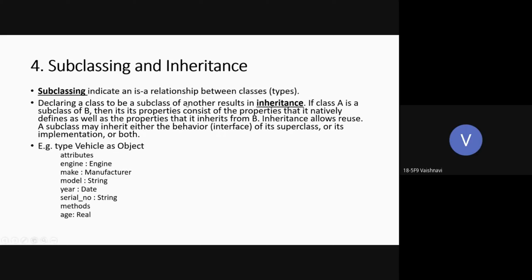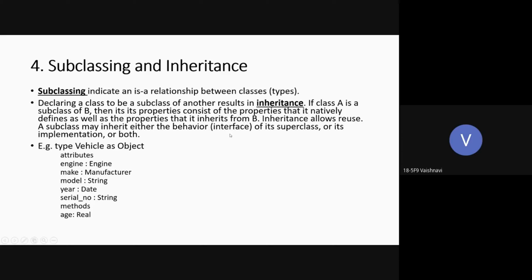Inheritance is the same definition as we have already seen in C and C++, like deriving a class from an already existing class. I didn't understand this definition, so I'm giving it in a simpler manner like that.